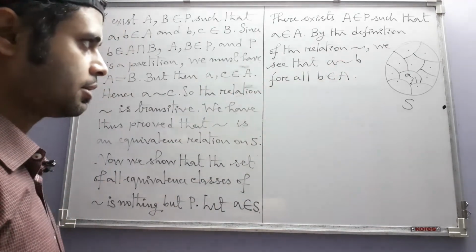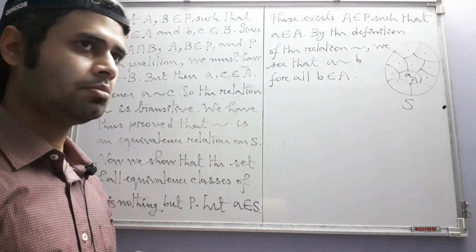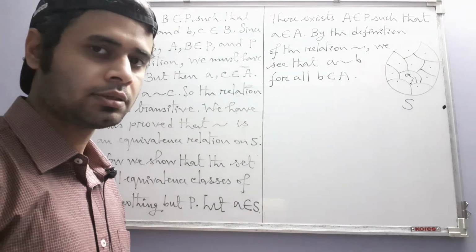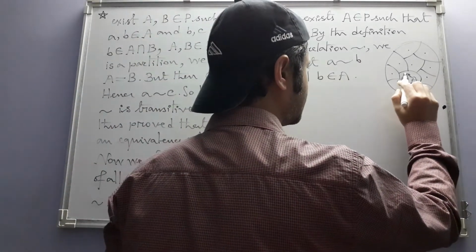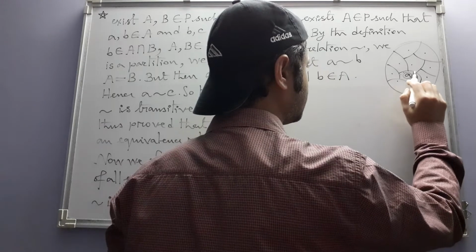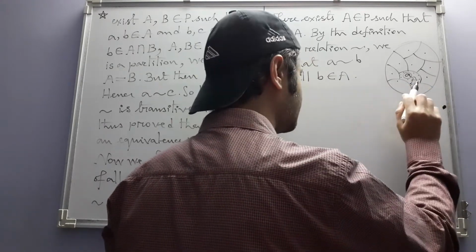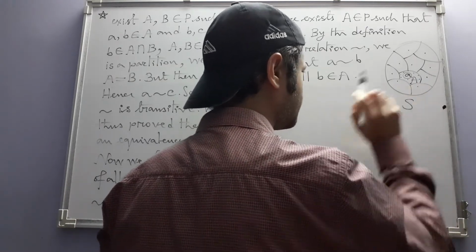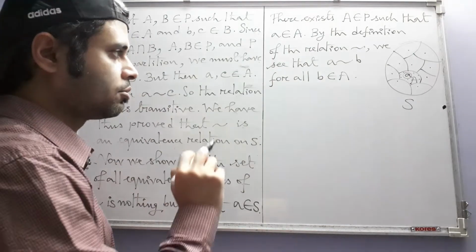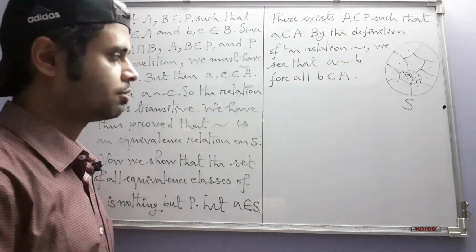The relation says that two elements in S are related when they belong to the same set in the partition. So besides A, there may be some other elements in capital A. Because those elements belong to the same set capital A as small a, all of them individually will be related to A by the definition of our relation.